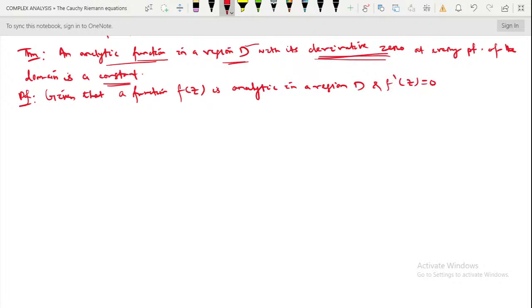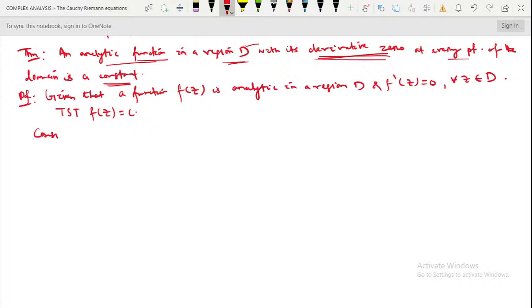Its derivative is 0 at every point of the domain. That means f dash z is 0 in the whole region D. This is given to you, and you have to show that f of z is a constant, say C. So how will we show this?